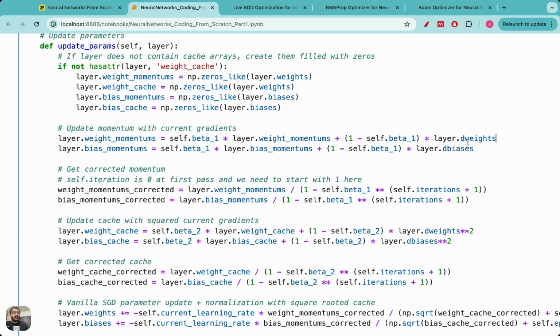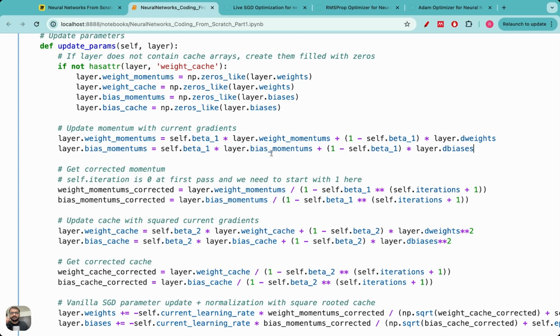Remember, when we initiate a class of the layer, it has the backward method in it. So we are automatically storing the partial derivative of loss with respect to the weights and biases of that layer. Similarly, for bias, we do beta 1 into the past bias momentum plus 1 minus beta 1 into the partial derivative of loss with respect to bias, which is the current gradient.